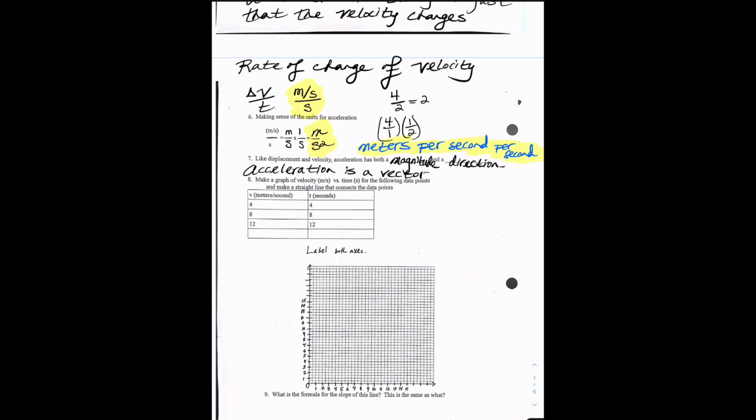So you can write that acceleration with the little vector hat over it is equal to the change in velocity, which is also a vector, divided by time. So acceleration is going to have a sign, whether it's positive or negative acceleration, that's going to indicate accelerating to the right or to the left.